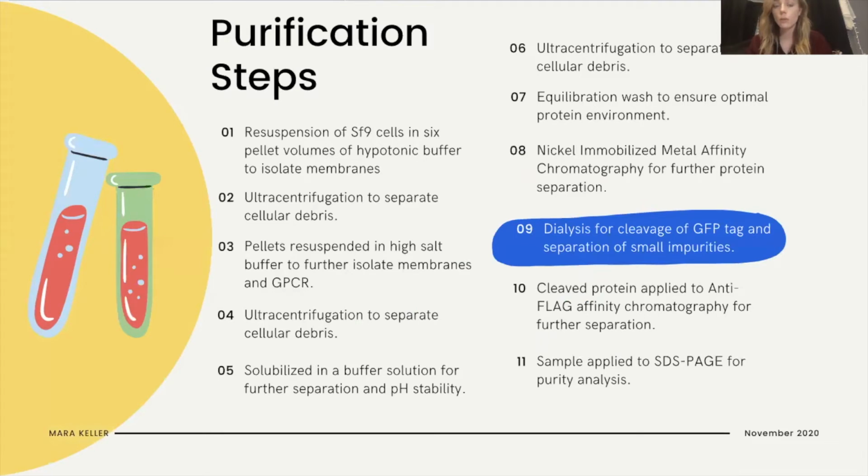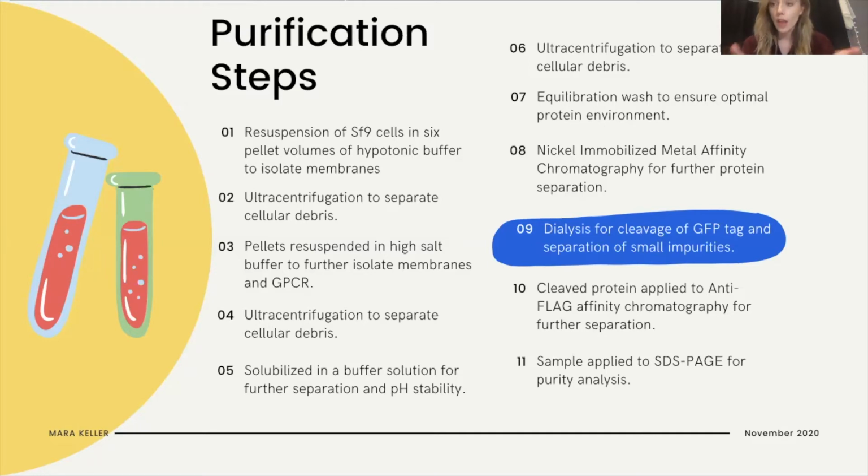So here are the overall purification steps of the paper. The paper actually went into a lot of depth on a lot of different levels of this. So this is simply the purification methodology, but if you're interested in knowing more about what they did to test solubilization and more stuff like that, you can let me know and I can send you the paper.